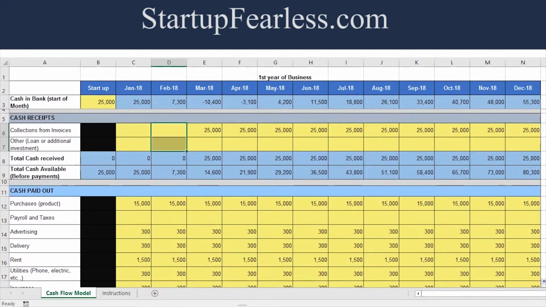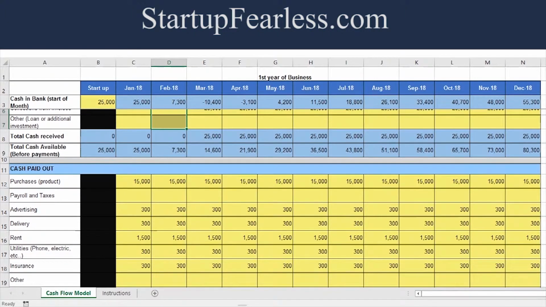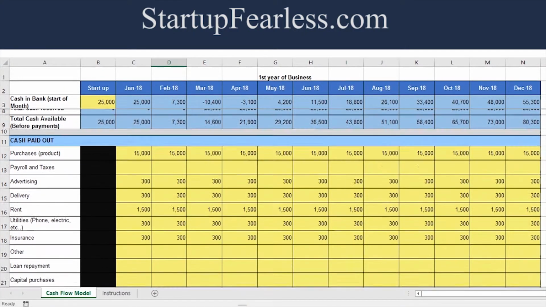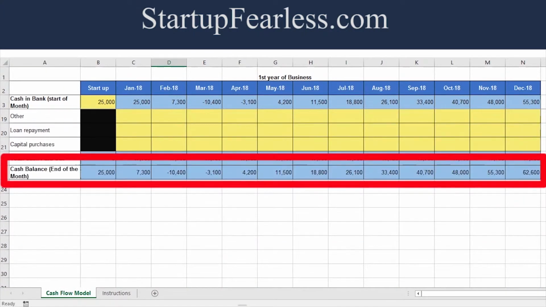So before we go ahead and make any adjustments to the cash flow to correct that $10,400 deficiency, let's just take a look at the cash flow line a little bit to understand it. If we take a look at it, we know that month 2, we have a $10,400 negative cash flow.